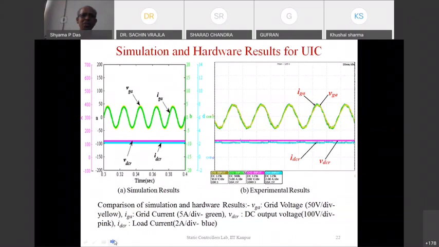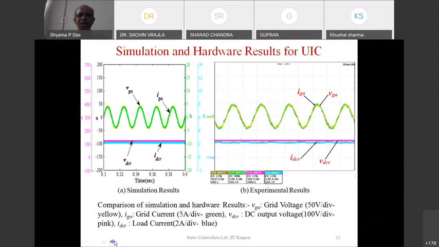We see that the power factor is unity, and the DC side voltage is almost constant at 120. The pink color is the DC link voltage, which is close to 120. And the DC link current is the light blue color, about 2 amperes.